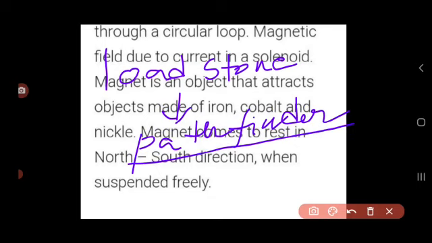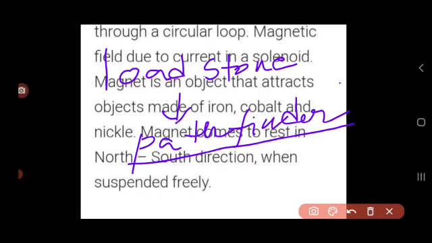Now, artificial magnet is classified in several groups. Before discussing this, we have to know about the artificial magnet.